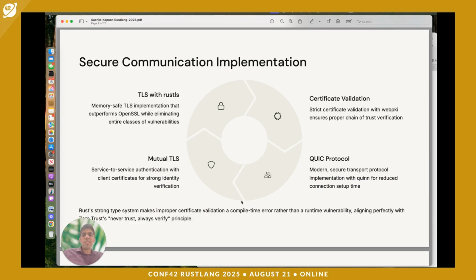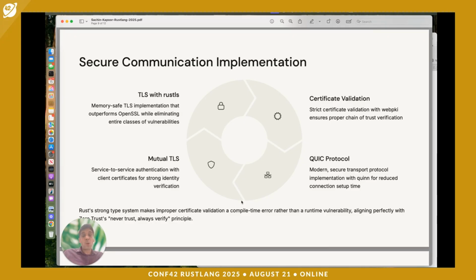Now let's dive a little deeper into the secure communication implementation in Rust. As I mentioned earlier, Rustls is a great candidate for memory-safe TLS implementation, which comes with high performance and eliminates a whole suite of vulnerabilities which can be found in other TLS implementations. Definitely a big win here. WebPKI ensures that certificate validation for secure communication is per RFC standards without a risk of wrong configurations and possible authentication bypass vulnerabilities.